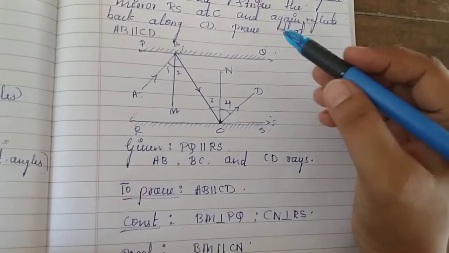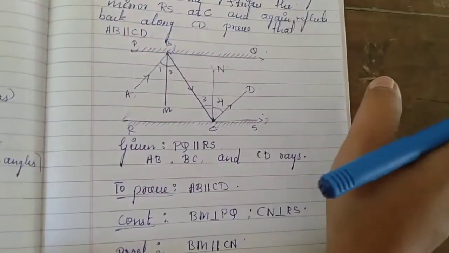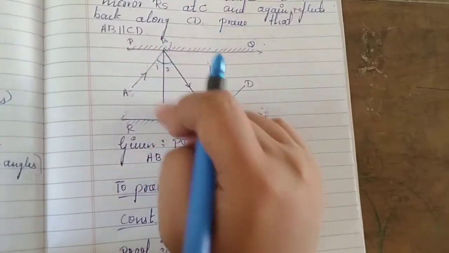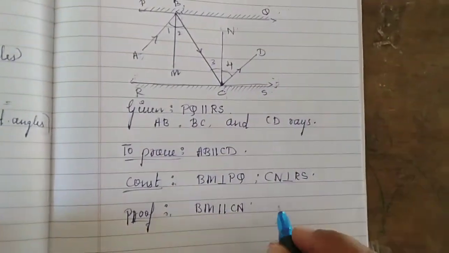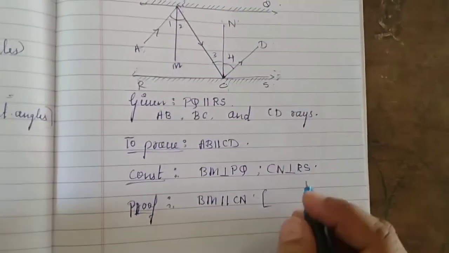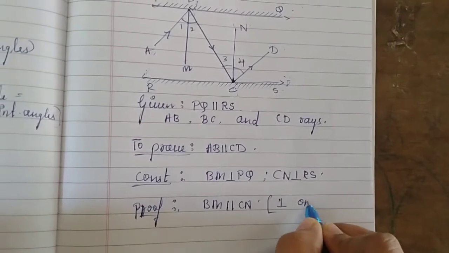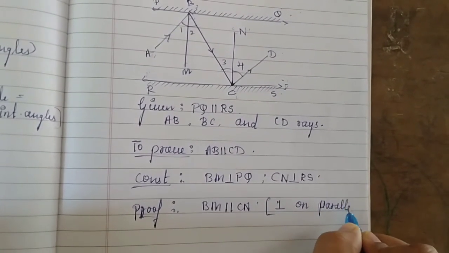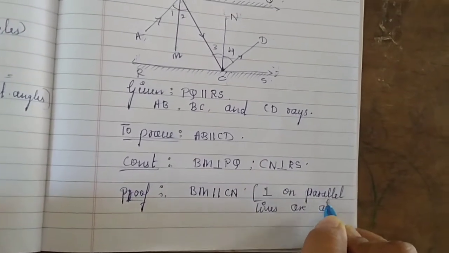So the thing is, the perpendiculars drawn on parallel lines are also parallel to one another. So that means, for that sake I have written here BM parallel to CN. Okay, so what I am going to write here: perpendiculars on parallel lines are also parallel.